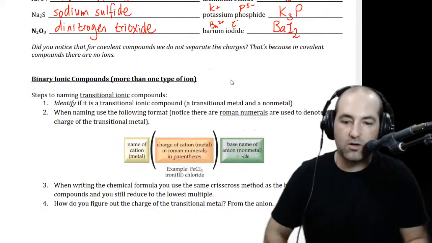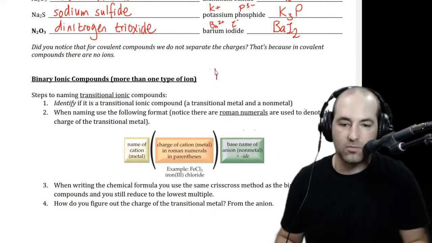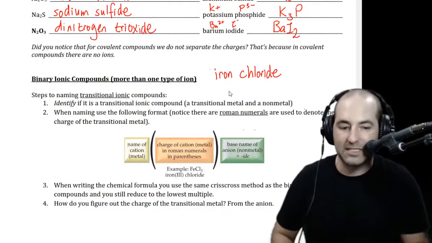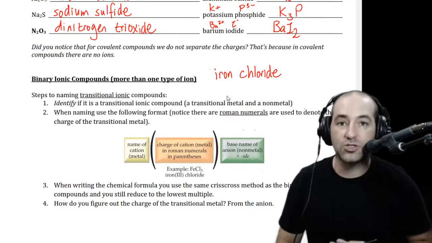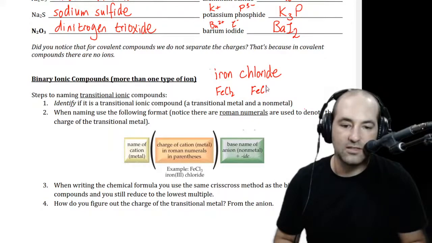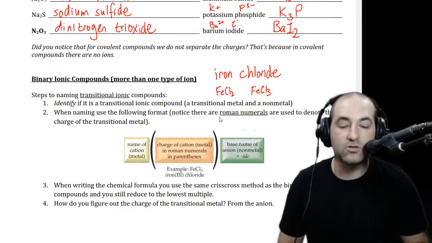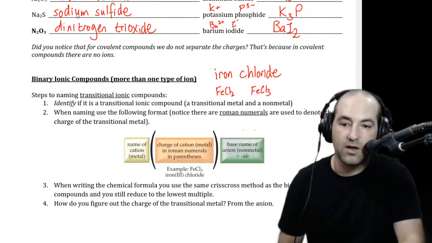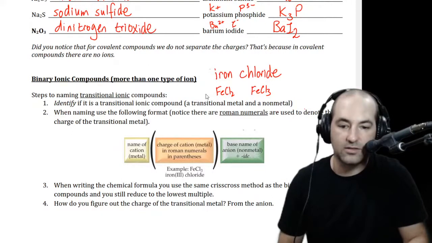So iron chloride, for example, is just not a specific enough name because there are actually two different iron chlorides: FeCl2 and FeCl3. The reason there are two different iron chlorides is because there are two different types of iron ions.